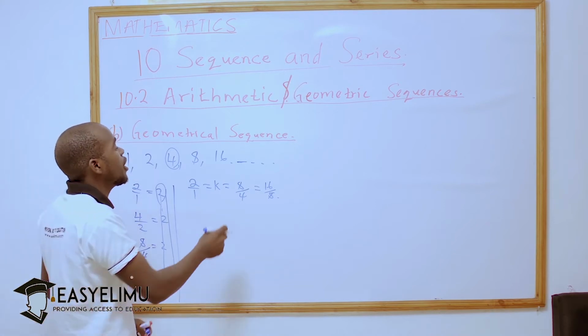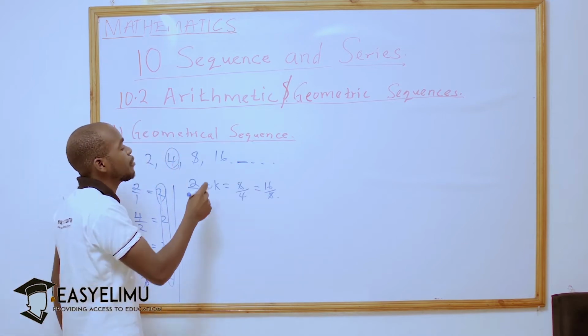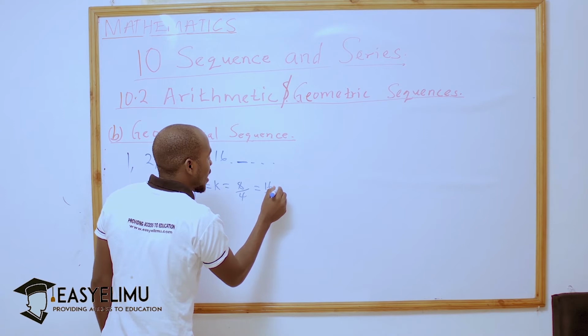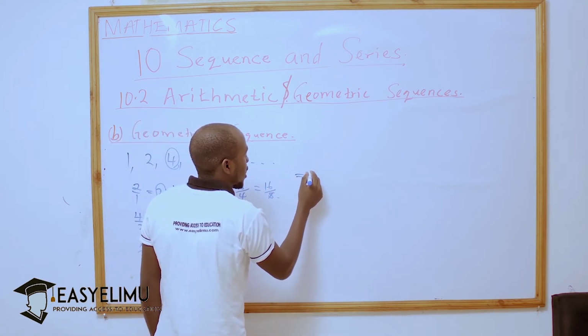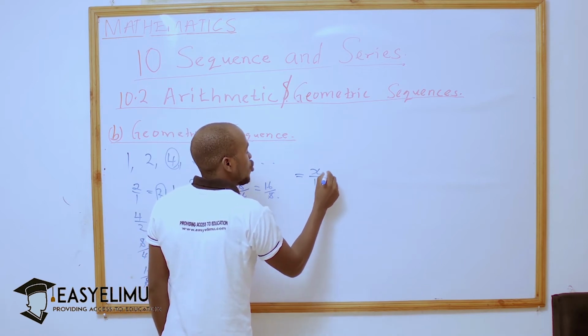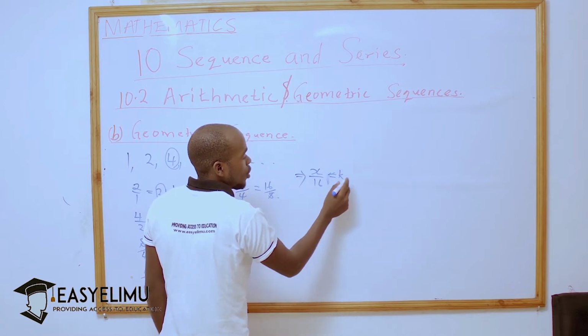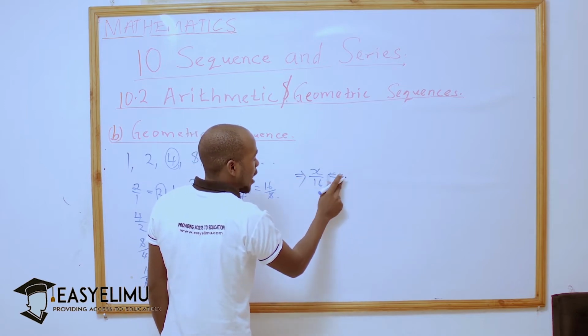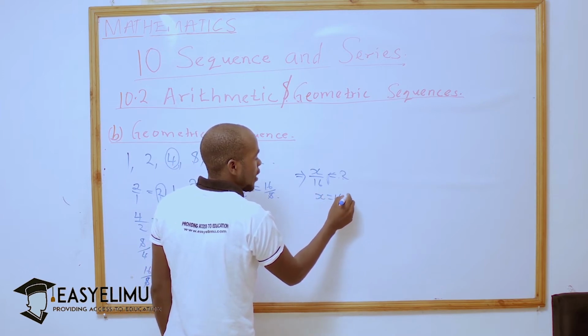Now, if you want to find the next term in that pattern, for example, let's say it is x. Then x over 16 equals k. If k is 2, then x is equal to 16 times 2.